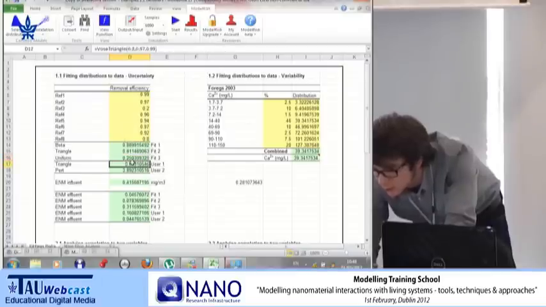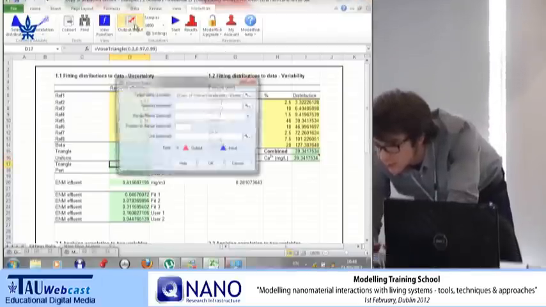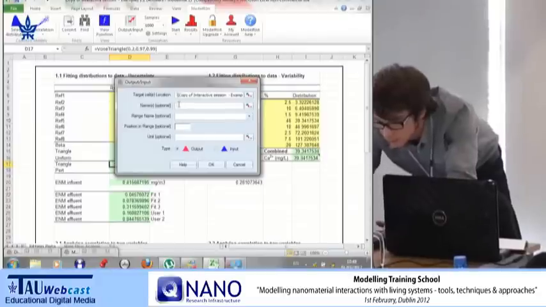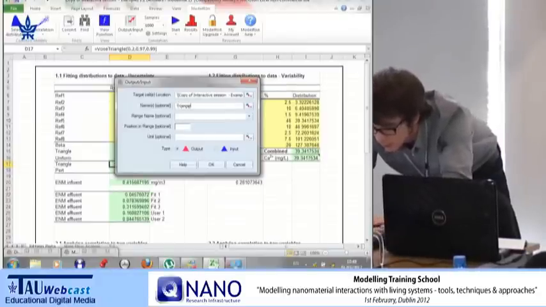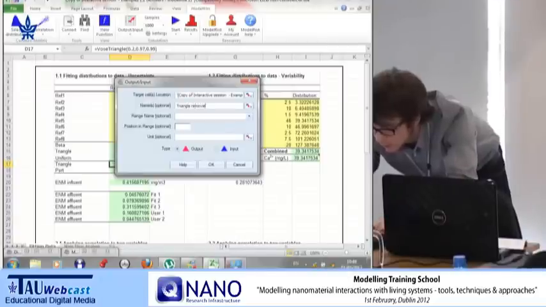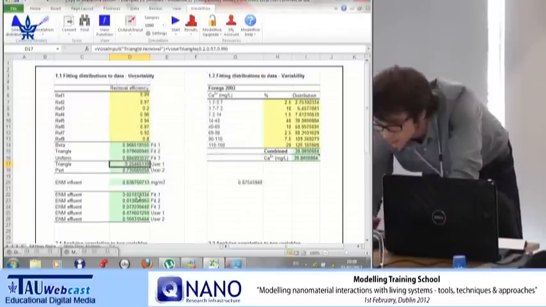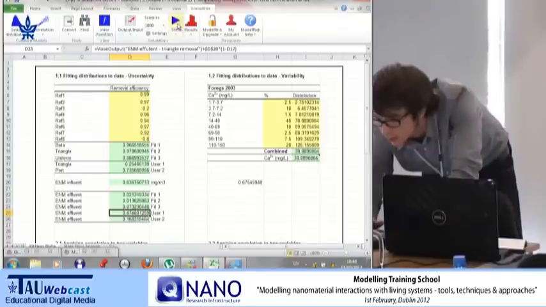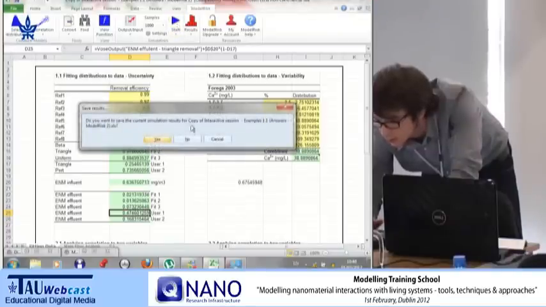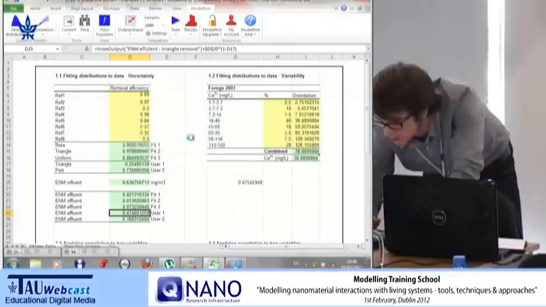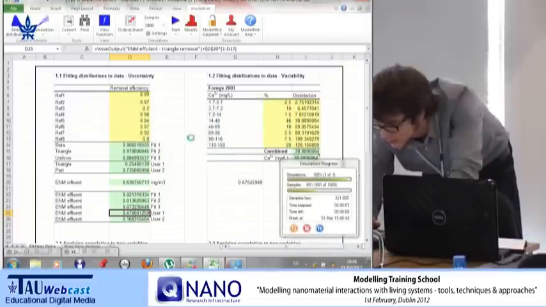Uniform distribution for removal. I'm going to put this as an output as well, and this as an input. And we're looking at these two outputs. So I'm going to run this. That's my previous results. It's not interesting right now.